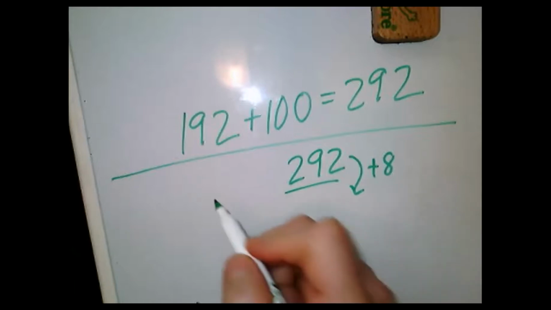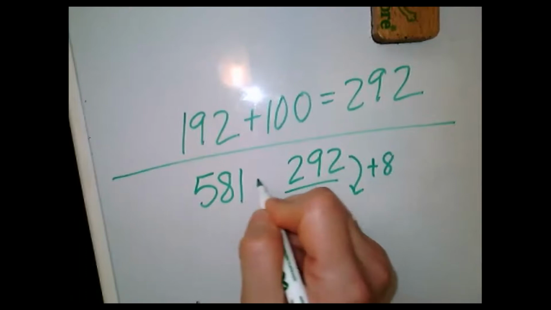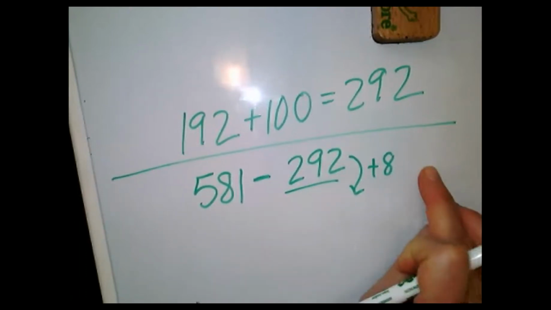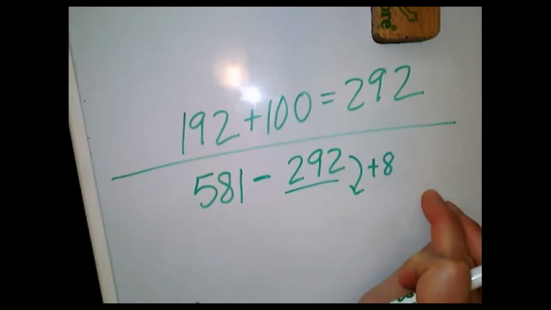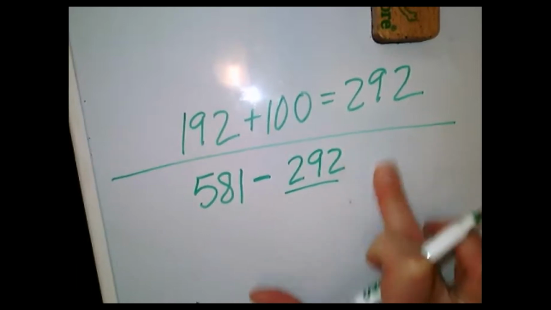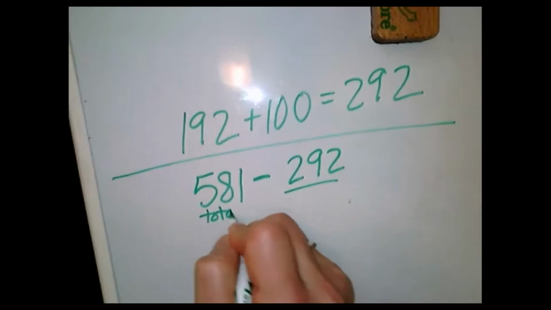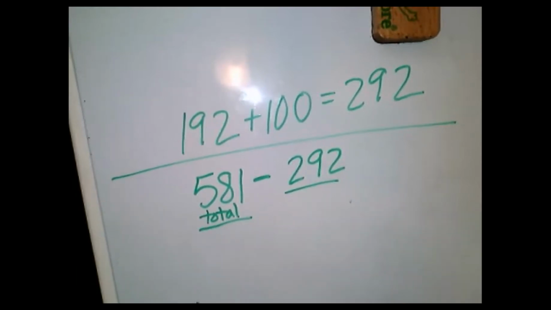We're actually subtracting it from 581. Why am I subtracting 292 from 581? Because 581 is the total. Yes.